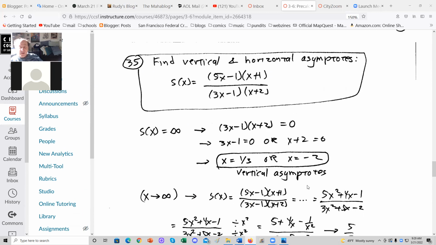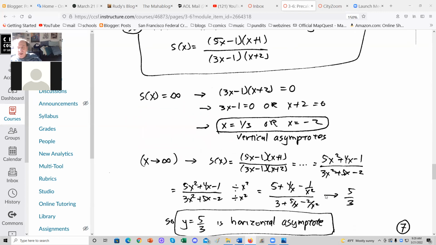As for the horizontal asymptote, first we'll expand this expression out by multiplying: (5x squared plus 4x minus 1) over (3x squared plus 5x minus 2). The 5x squared and the 3x squared are the dominant terms when x is near infinity.